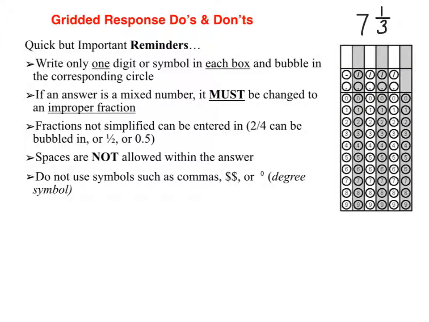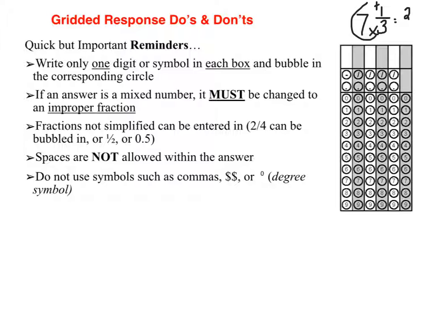And the last practice is 7 1/3. Take 20 seconds and put this in your grid now. All right, so before I can put this in the grid, I need to change it to an improper fraction. So 3 times 7 is 21. 21 plus 1 is 22.